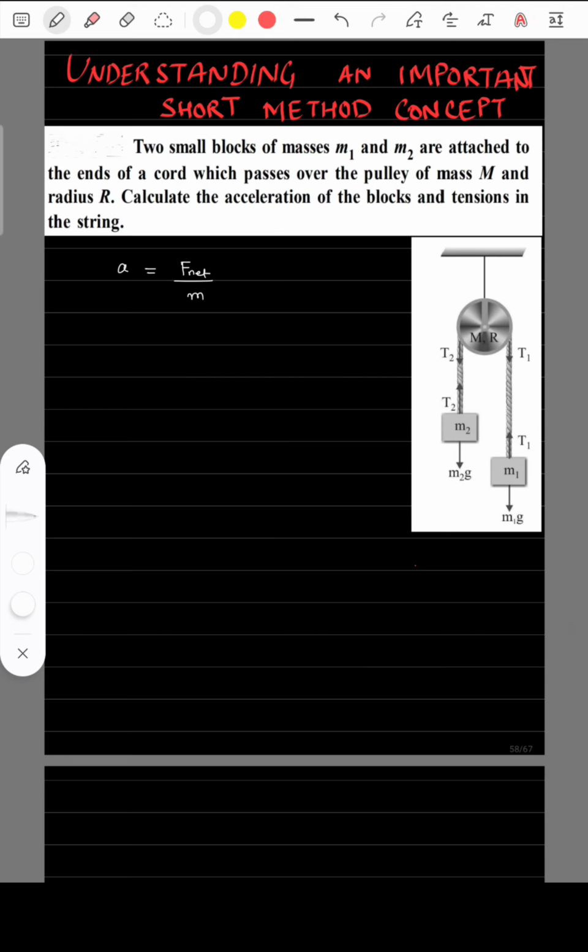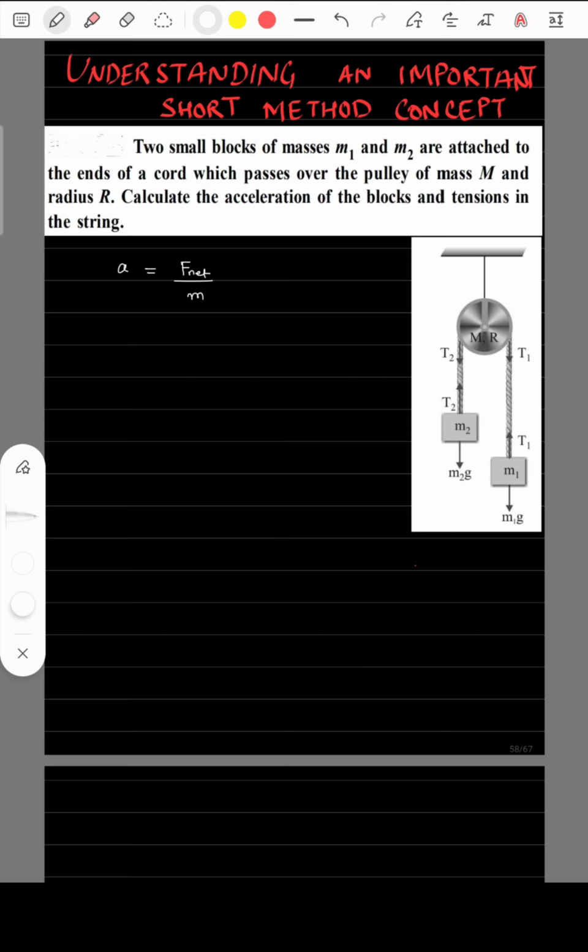If it is massless, there will be no inertia of the pulley. That's why while calculating the acceleration, you are taking the net unbalanced force like this, m1 minus m2 into g upon the total mass.